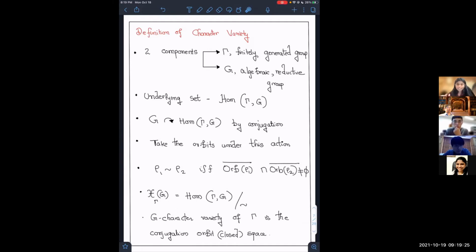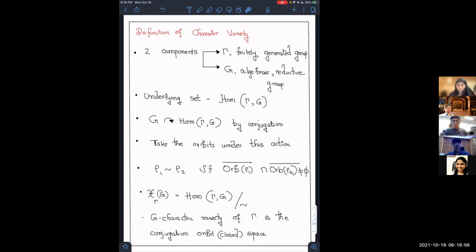And now, what is the underlying set of the character variety? It's the set of group homomorphisms from gamma to G. Both are groups. So we look at the collection of these homomorphisms, and we are interested in the conjugacy classes of these homomorphisms. So we look at the action of G on this Hom set by conjugation.